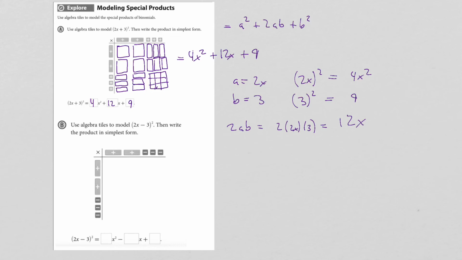So let's try another one with the algebra tiles. This is going to be 4 of these things. And then we're going to have some negative x's. And I'm going to show that with all my little lines. And these are going to be also negative.